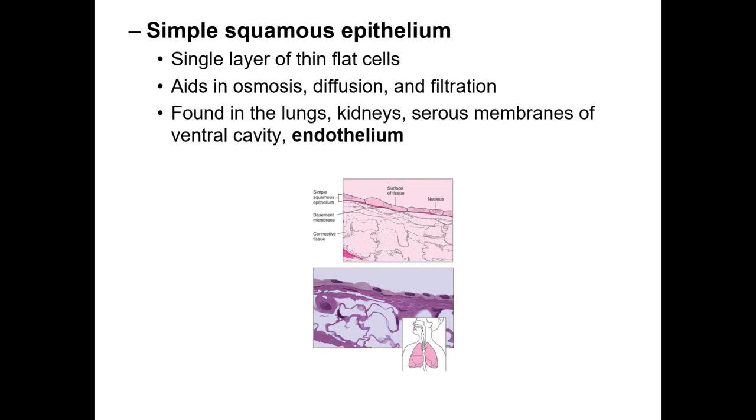So the first type here is simple squamous epithelium. This type of tissue allows for rapid diffusion or transport of substances through membranes, and it can also secrete a lubricating serous fluid.